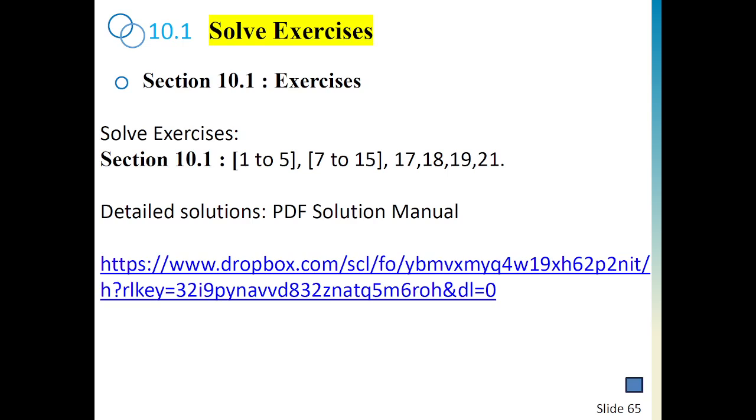Another option is, whenever possible, maybe eliminate the parameter and then get an expression y equals some expression of x or x equals some expression in y that is maybe more familiar to us, to get a general idea of the shape of the curve, and then we go back to the definition of x and y to see which part of that curve actually is our parametric or plane curve. So in general, this part is quite straightforward.